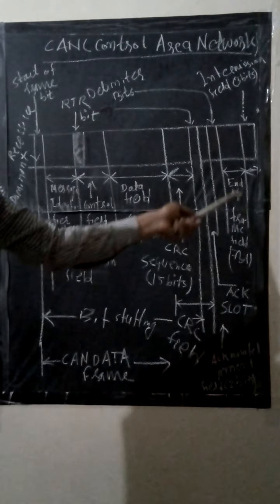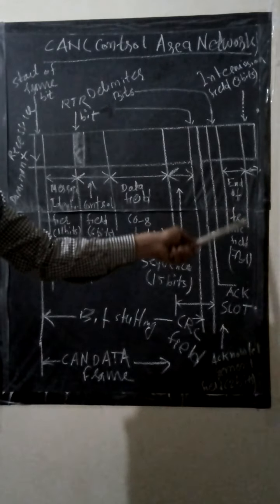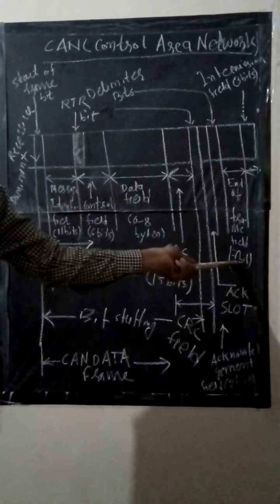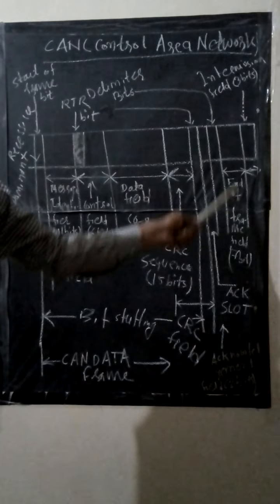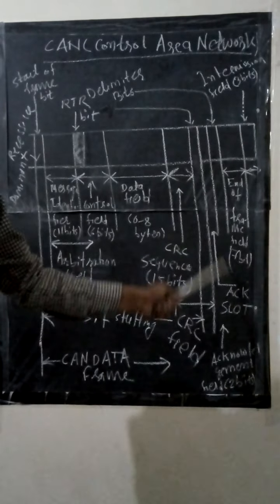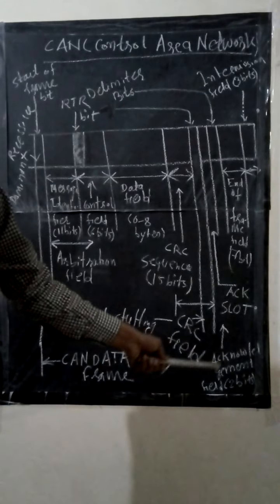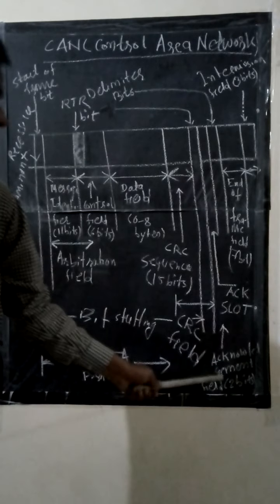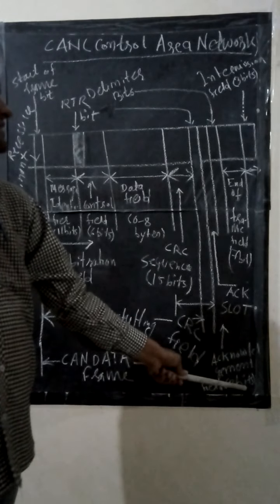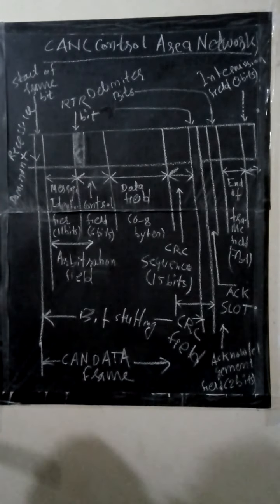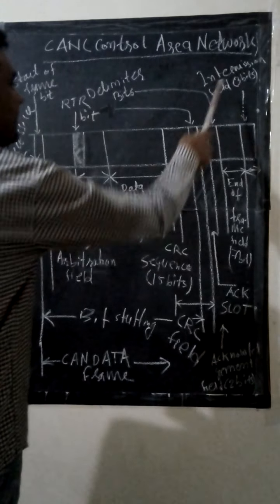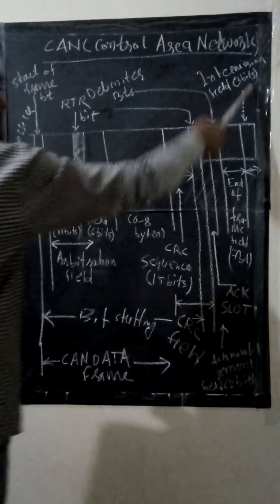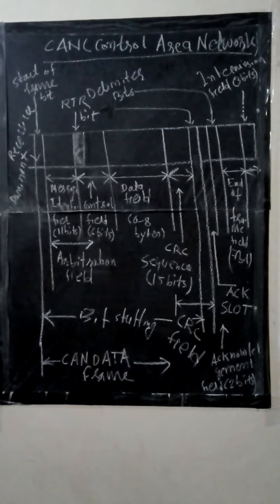Then this is the end of frame field, which consists of 7 bits. This is the acknowledgement field, which consists of 2 bits, and this one is the intermission field, which consists of 3 bits.